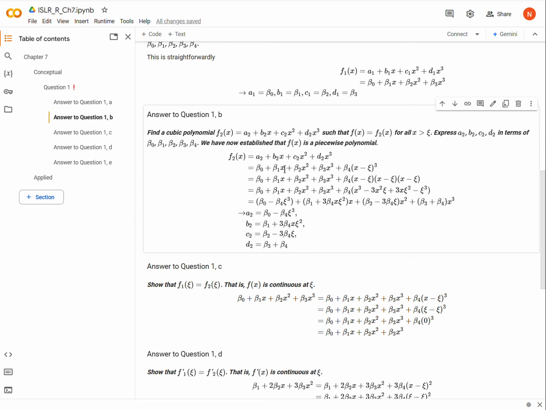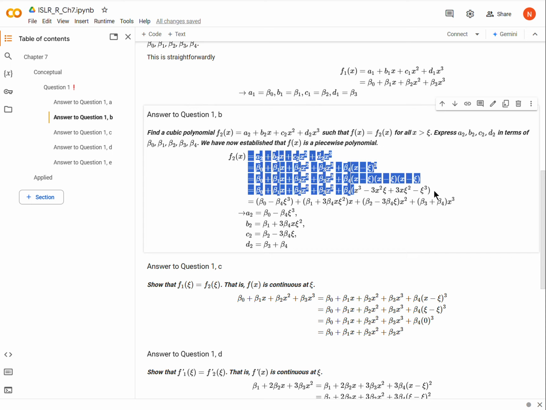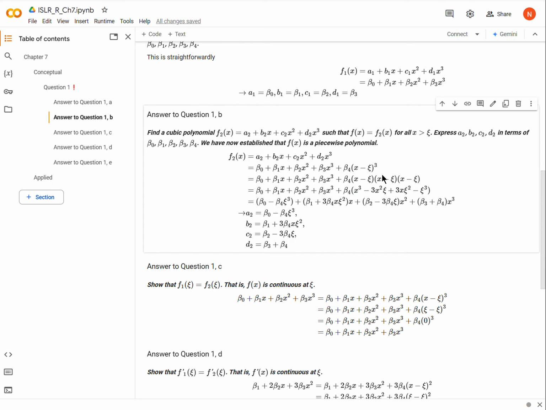The way we can do that is we just need to expand this final term here. So it's x minus xi, cubed, and then you carry out the multiplication through all of these, and you get this. Now we have an x cubed term, and so we can lump that with the other x cubed term.